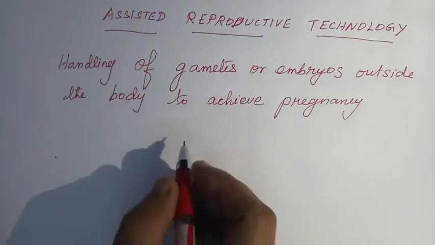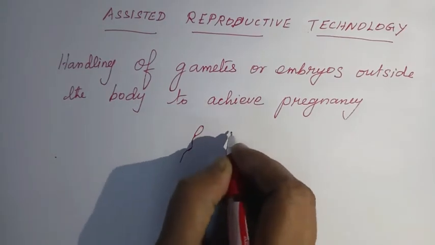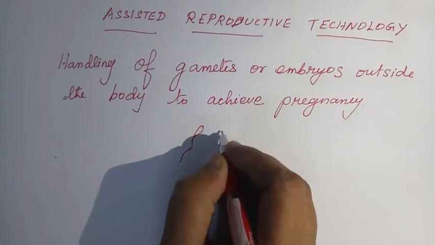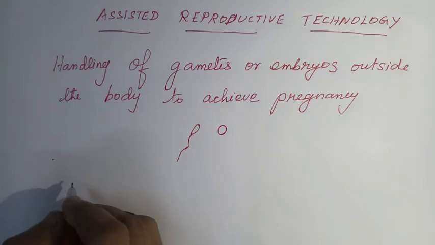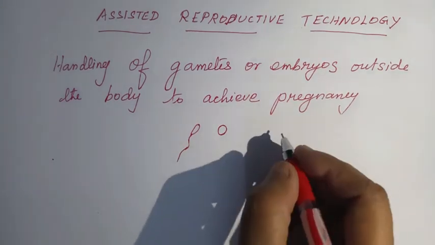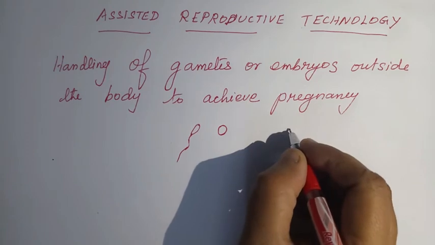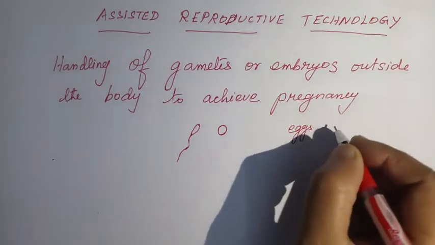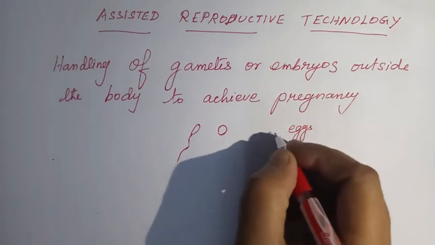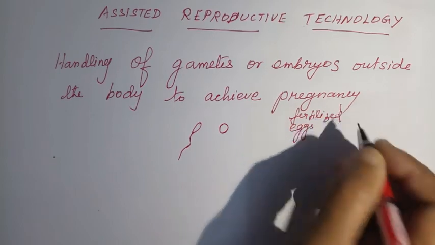Here gametes are nothing but the sperm and the ovum. The embryos are the fertilized eggs.